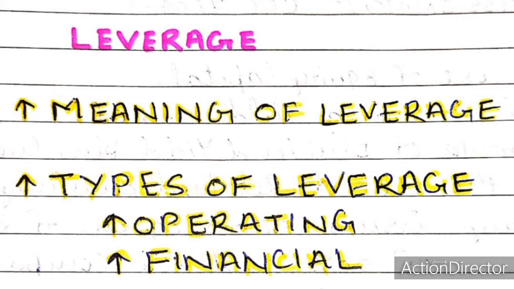In other words, a small increase or decrease in sales can increase or decrease the profits of a firm to a high extent. There are two reasons for the increase in the rate of profits to a larger degree as compared to the rate of increase in sales. First, a part of the operating cost is the fixed operating cost like rent, salaries, depreciation, and therefore total operating cost does not rise as rapidly as sales increase.